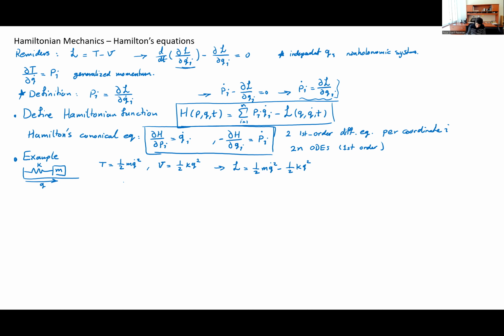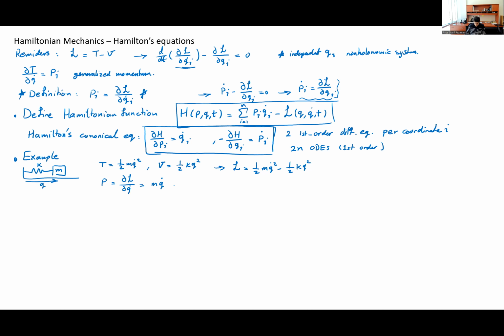And from this definition, I can write my generalized momentum, let's call it p, as partial L, partial q dot. That is going to be m q dot. So we knew it: the momentum is mass times velocity. But now we derive it from a very general definition.